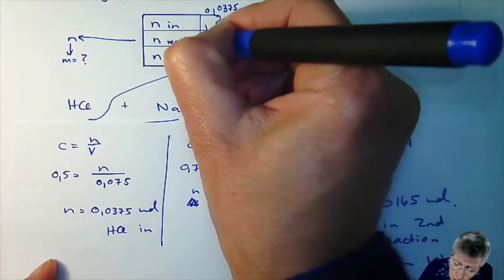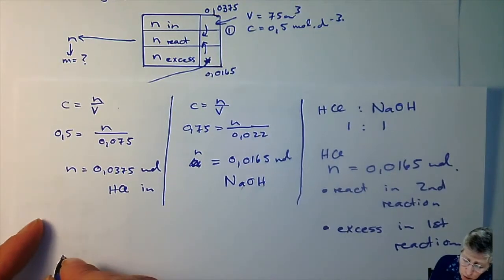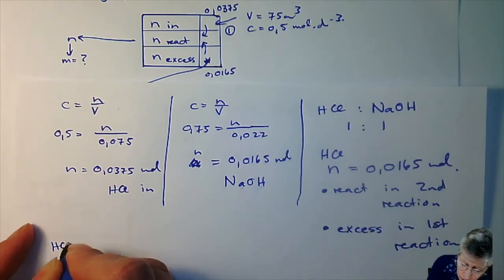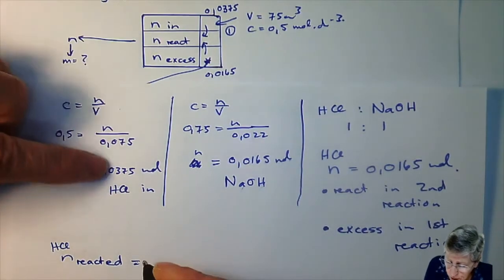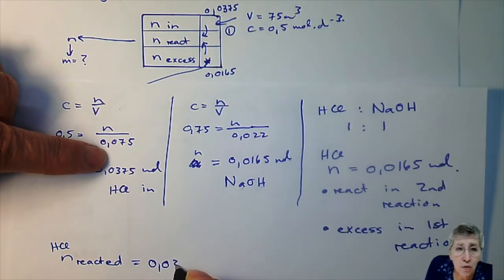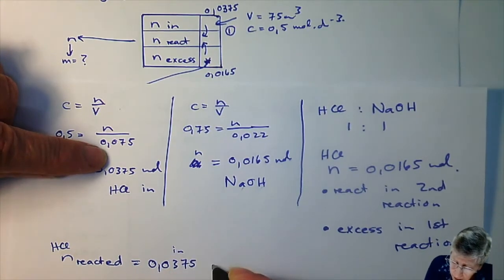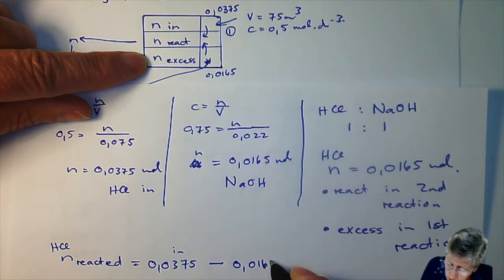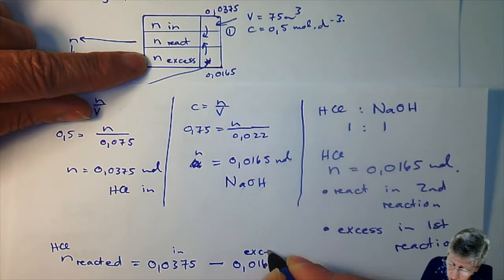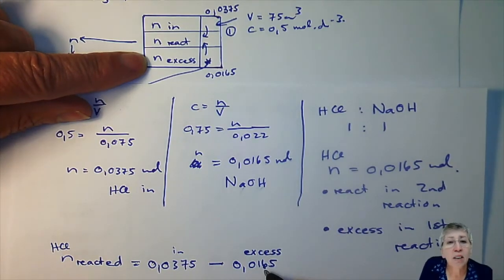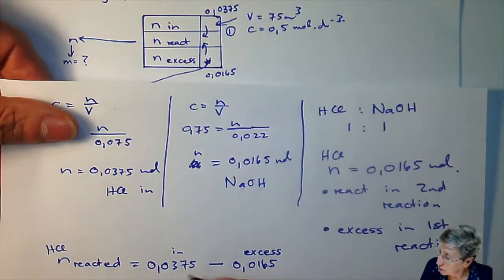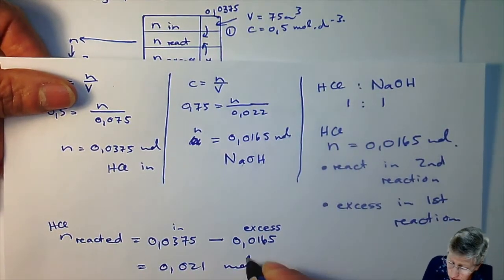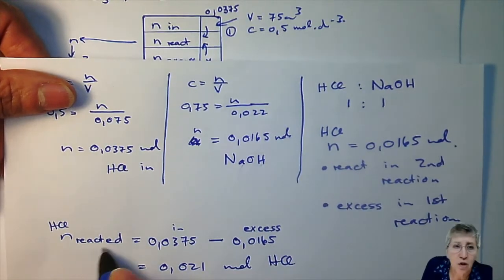The moles of HCl reacted will be what I put in, 0.0375, minus what remained at the end, the excess, 0.0165. If you do that, you end up with 0.021 moles of HCl that reacted.